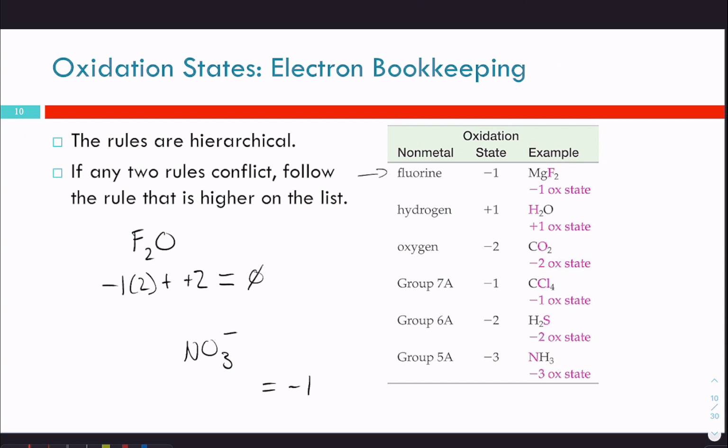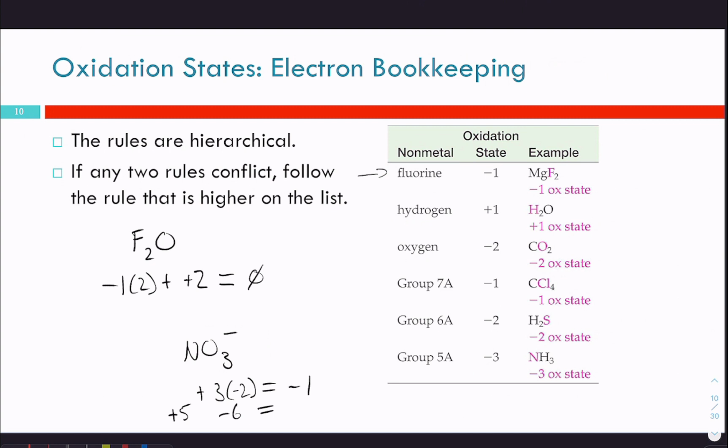So we have 3 oxygens, which each have a -2 oxidation state. So that's a total of -6. So nitrogen's oxidation state has to get us to -1. So what would that be? +5, because +5 plus -6 will give us -1.